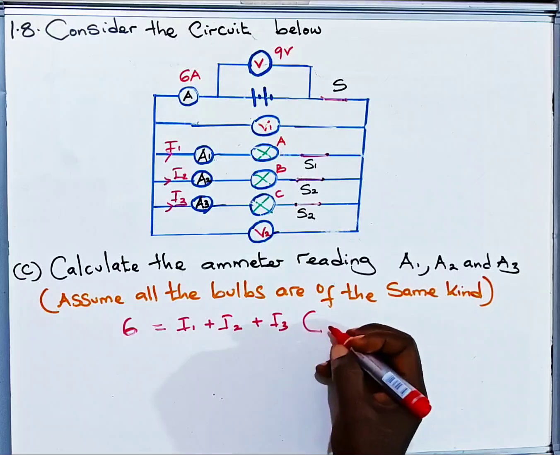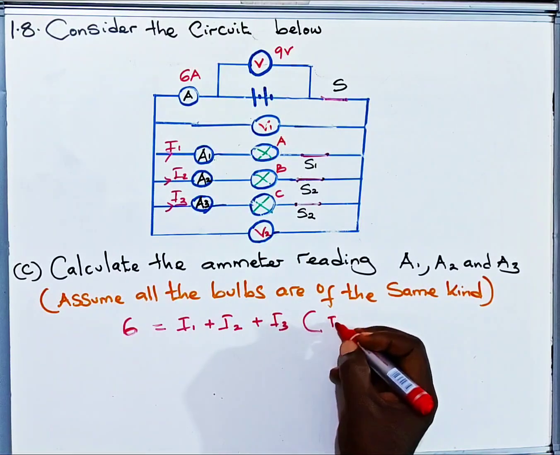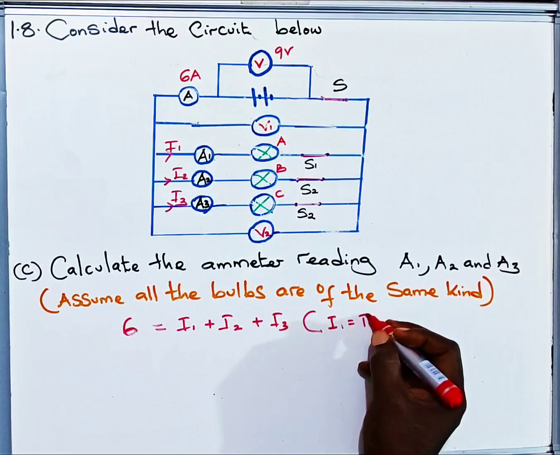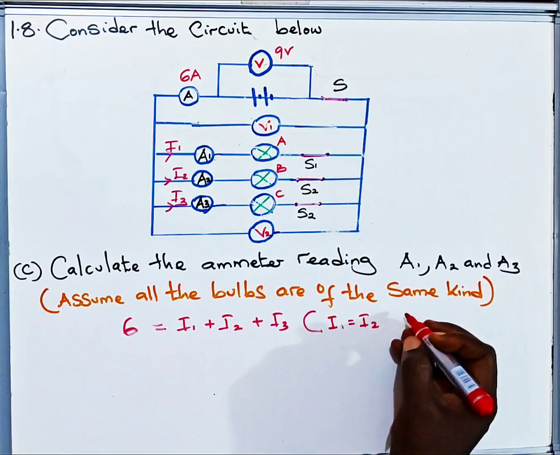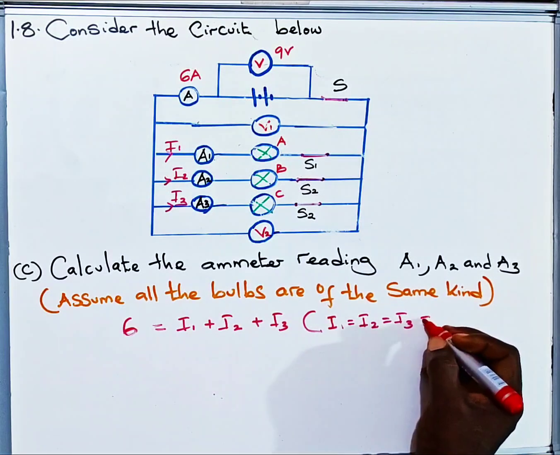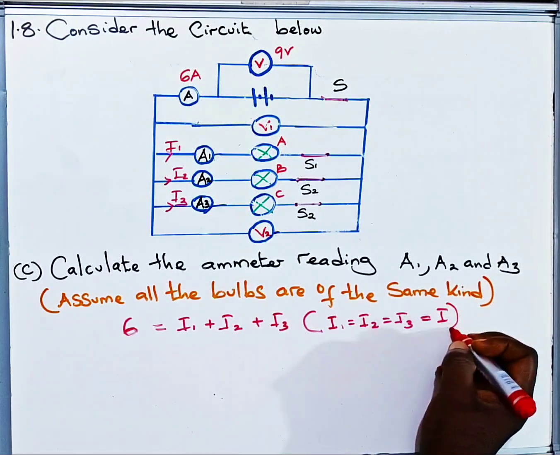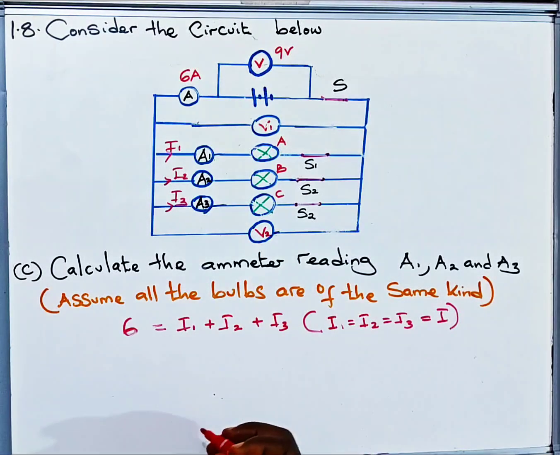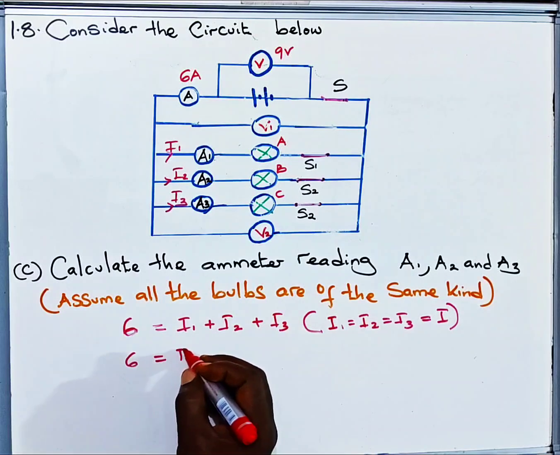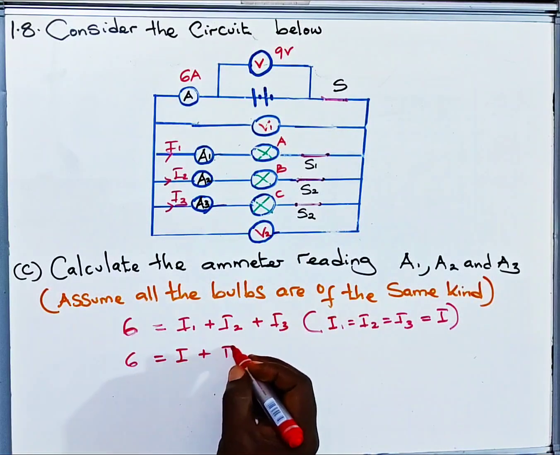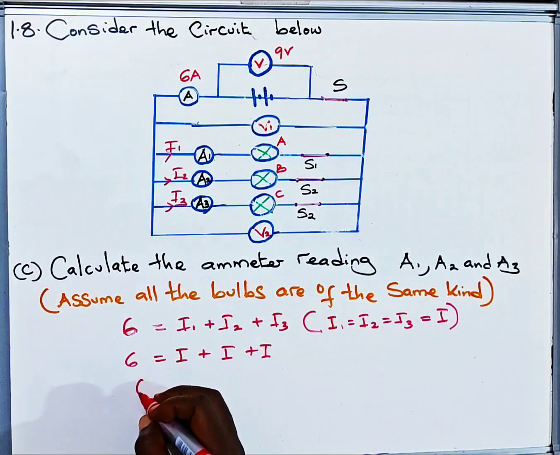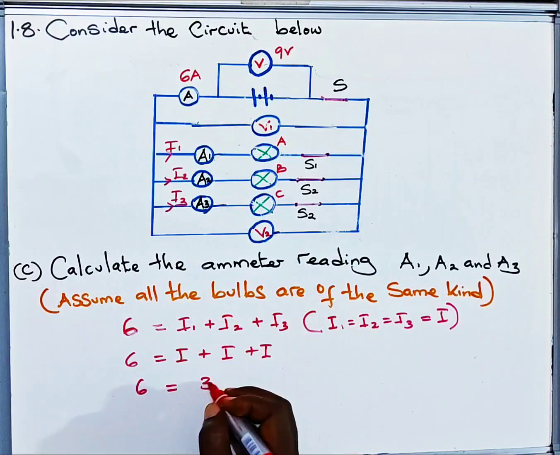But we know that I1 is equal to I2, which is equal to I3, and we can say is equal to I. So if that is true, we can say 6 is equal to I plus I plus I. This gives us 6 equals to 3I.